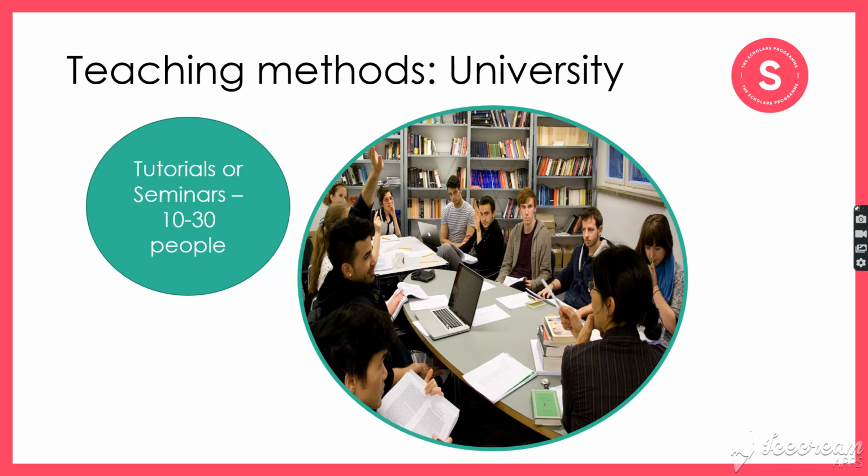You'll all be sitting around a table and there'll be fewer people, so it'll be more interactive. Here you'll get the chance to discuss big questions and ideas or topics or readings with your academic or lecturer. You'll have an even smaller group of people in your tutorial on the Scholars Programme. So it's going to be a fantastic opportunity for you to really understand what it is to learn like a university student.